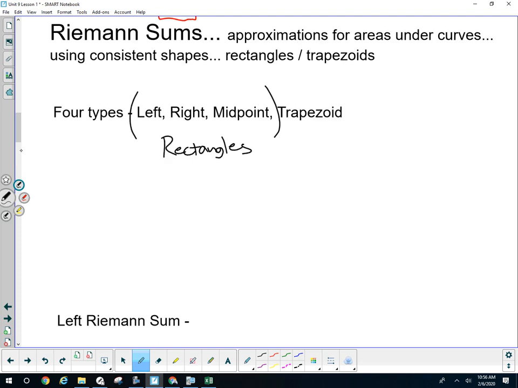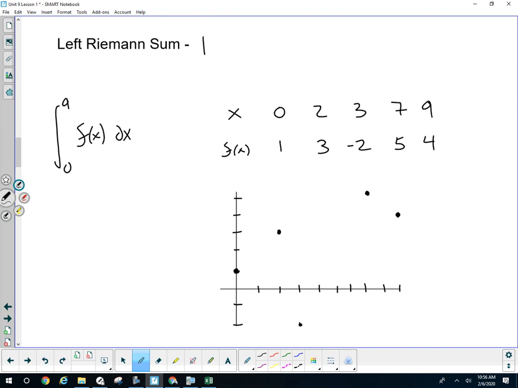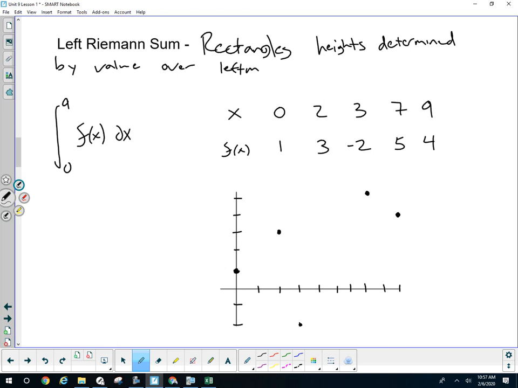The left Riemann sum uses rectangles where the heights are determined by the function value over the leftmost point of your base. Okay?